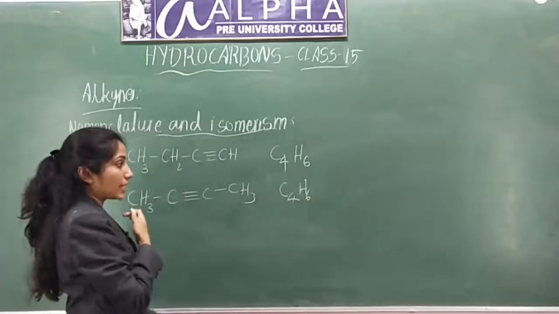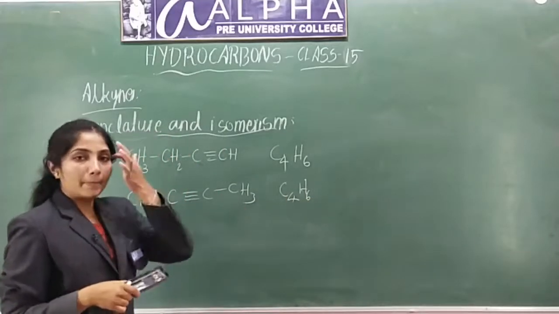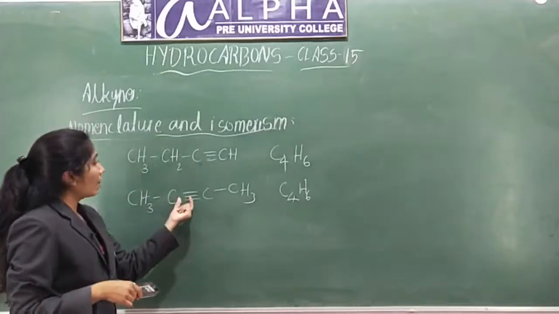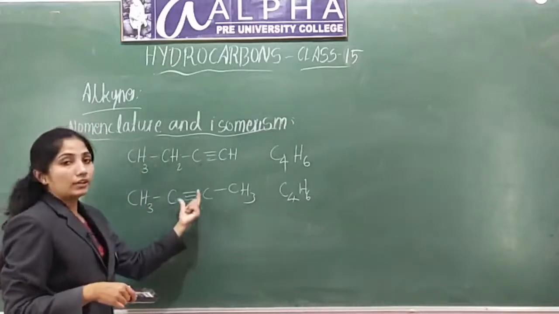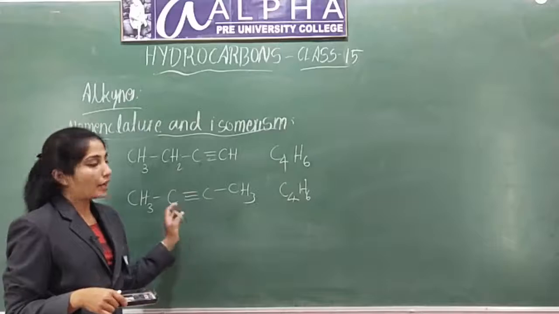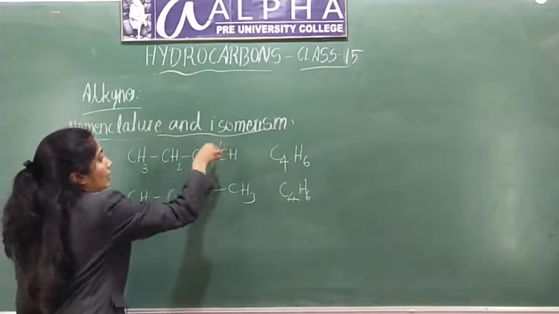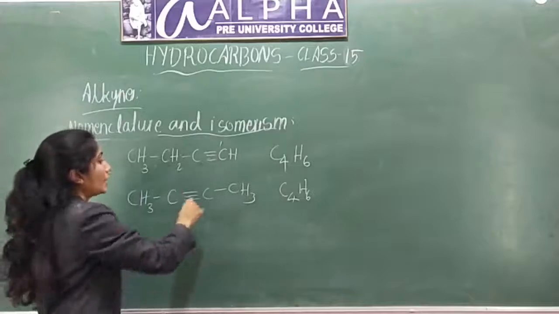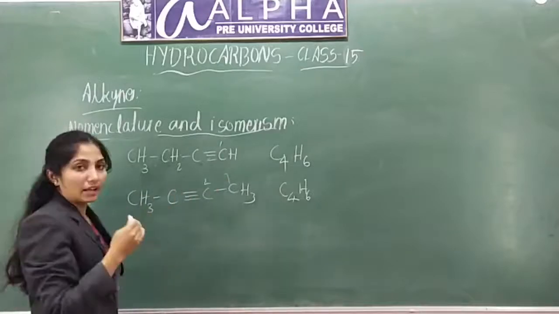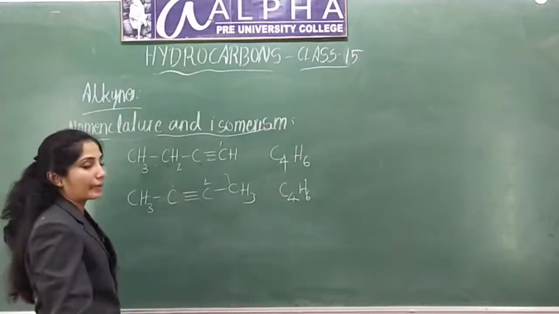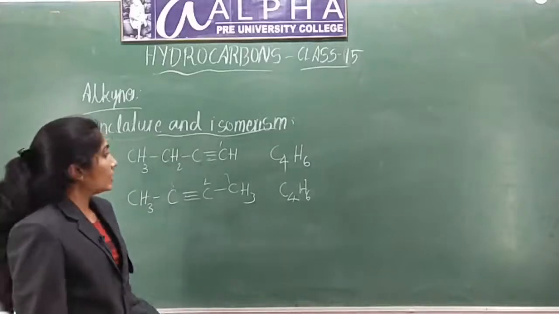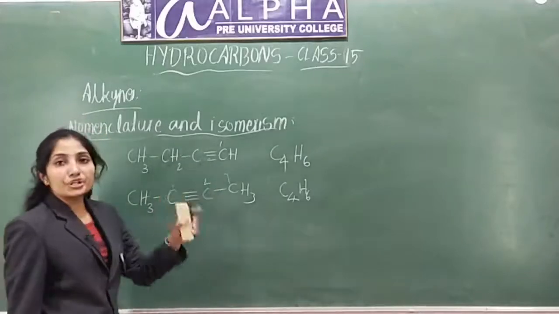Both have the same molecular formula, but they differ in position of the triple bond. Here on first carbon atom triple bond is there. Here on second carbon atom, between second and third carbon atom, triple bond is there. So these two are position isomers.